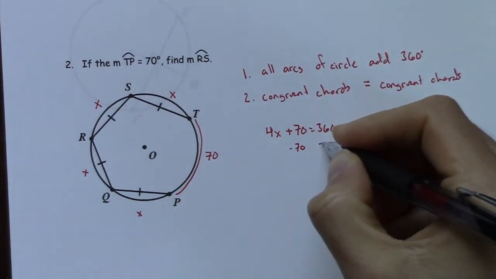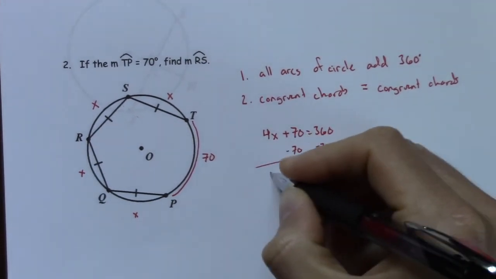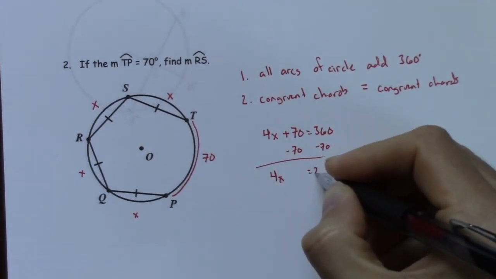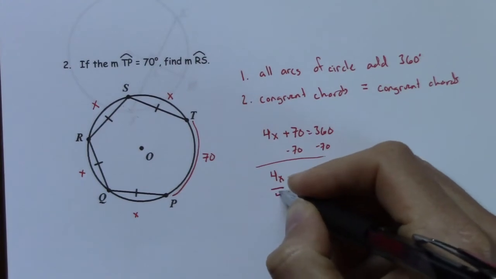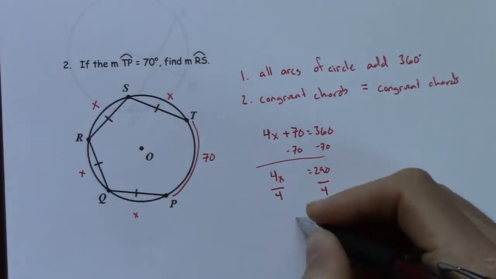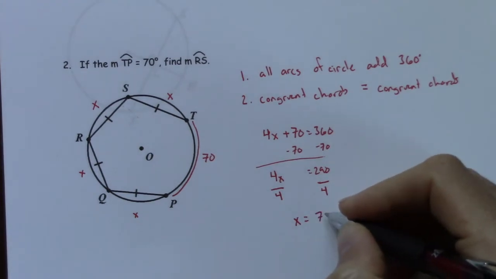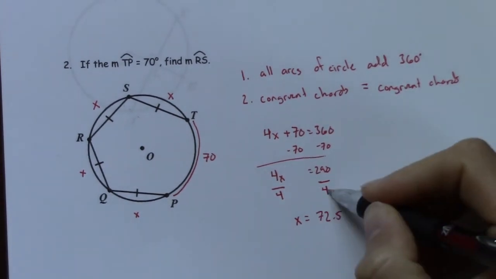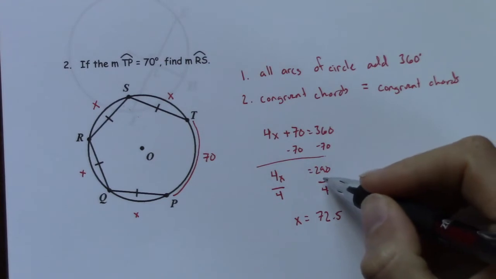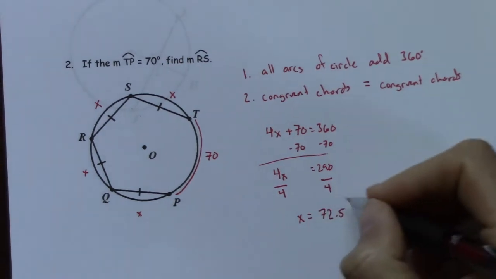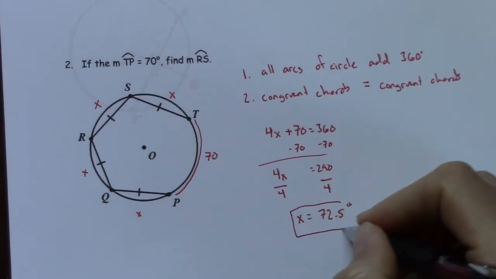Take away the 70. 4X is equal to 290. Dividing by 4, X must be equal to, what is that, 72.5 degrees? 4 times 70 is 280, 10, 2.5. So X is 72.5 degrees.